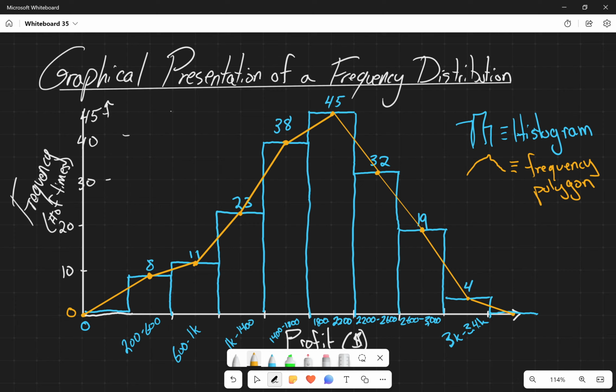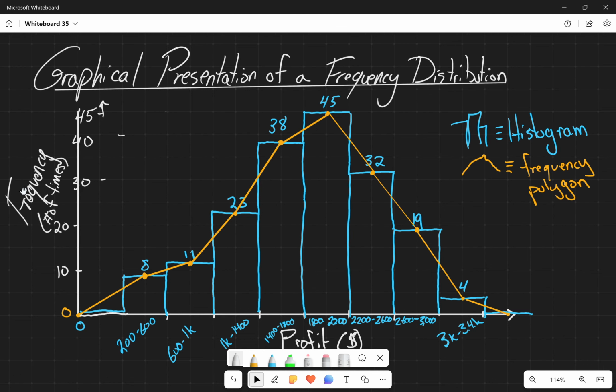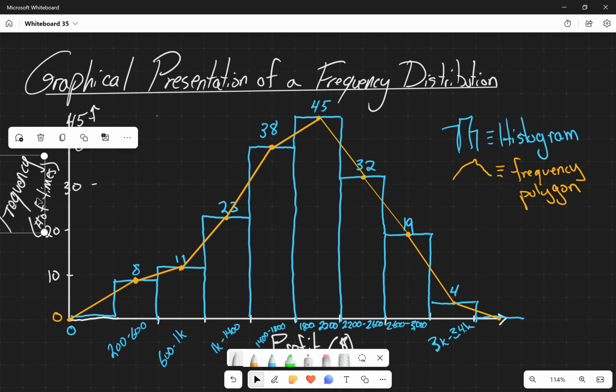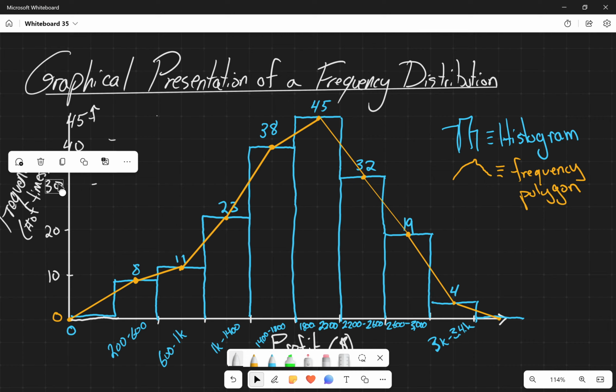Now, when we change these axes that we have over here to, instead of frequency, the relative frequency instead of the raw frequency, then we end up getting that probability density function.